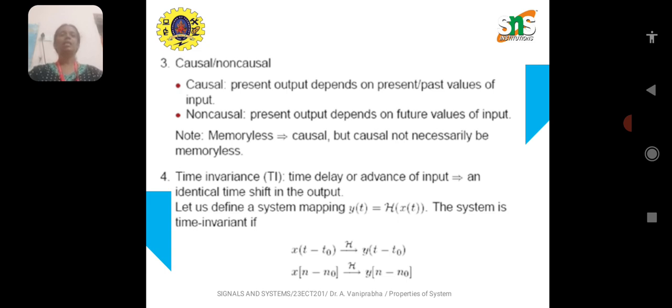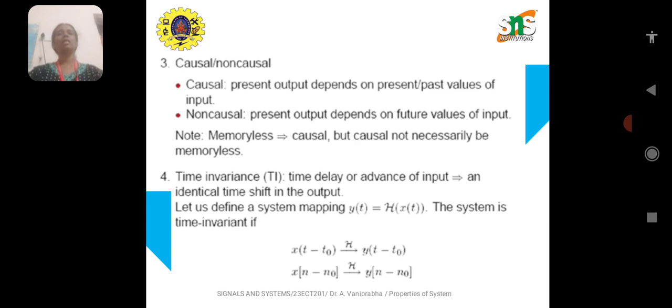The next is time invariance, as in LTI, linear time invariant. This can be verified by changing the time axis at the input and verifying whether the same change has been reflected at the output end. This is called time variance or time invariance. Even if there is a change in the input, if that change does not affect the output, then it is known as time invariant.